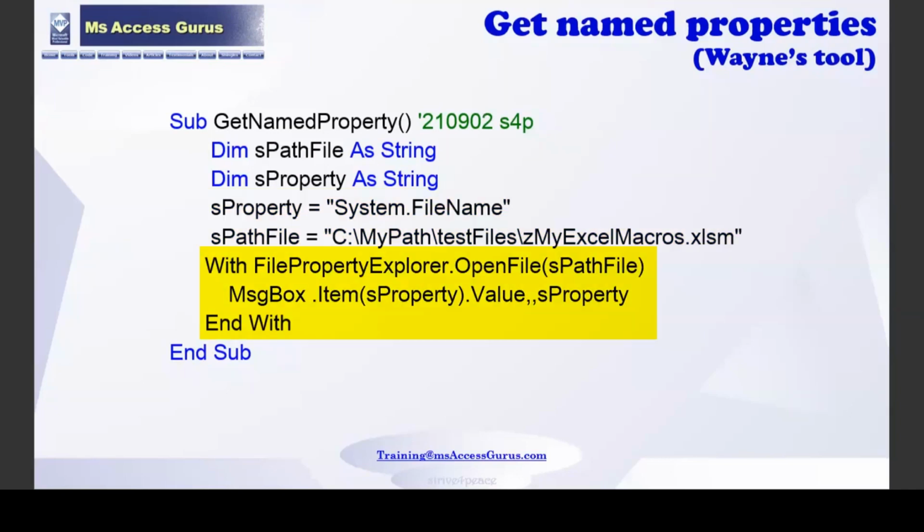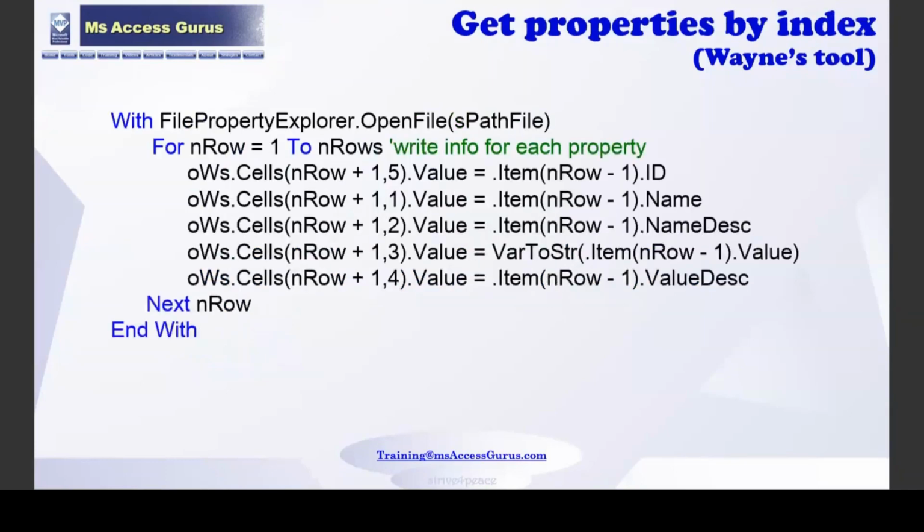You see the With, End With. So I don't even have to make an object variable. I can just say With FilePropertyExplorer.OpenFile, send it the path file, and then in that With block, I can get whatever properties I want. And here I'm just doing a message box. I'm just going through some of the different ways you can do this.